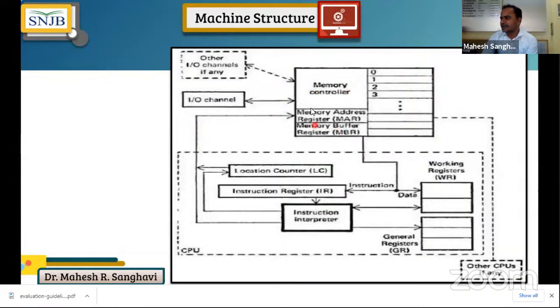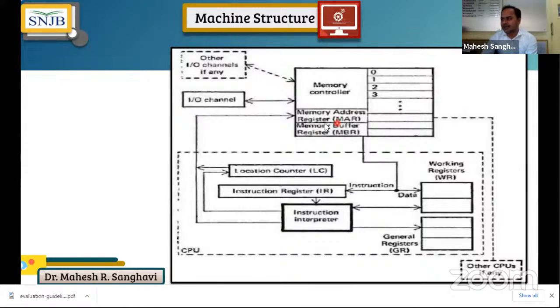Basically this is something related to memory. This is all memory, where memory locations are given here, and the things which control the memory are here. So the memory controller will take care of the locations which are important, and the entire control will be with the memory controller. Then the memory address register will take care of which instructions or data point to which particular address.